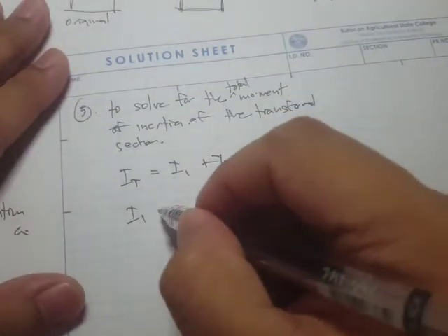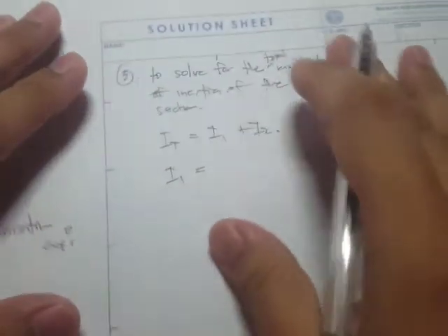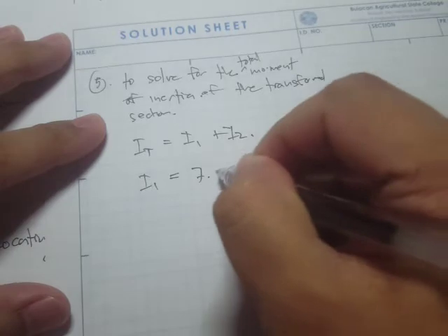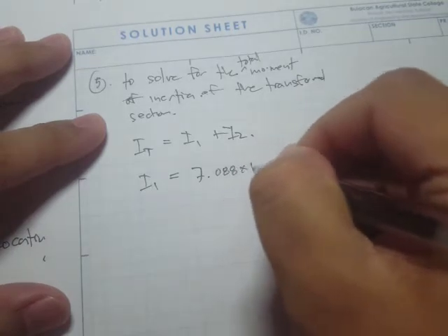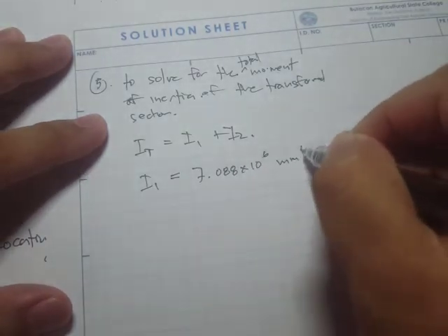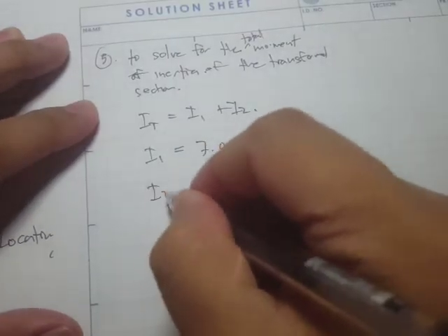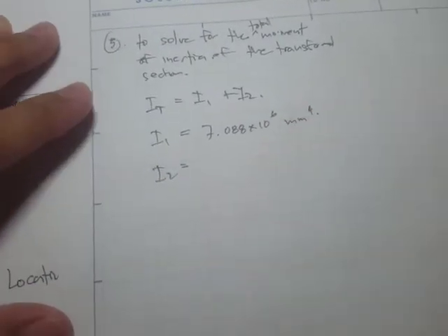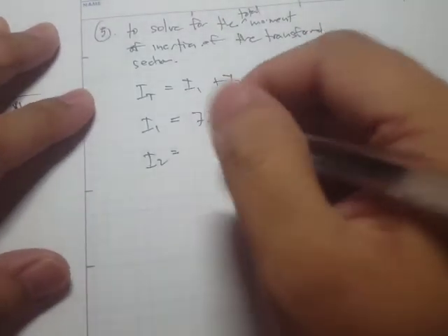So let's skip this because you already know this one, and I'll just give you the value, which is 7.088 times 10 to the 6 mm to the fourth, and I sub 2, again you just use the parallel axis theorem.